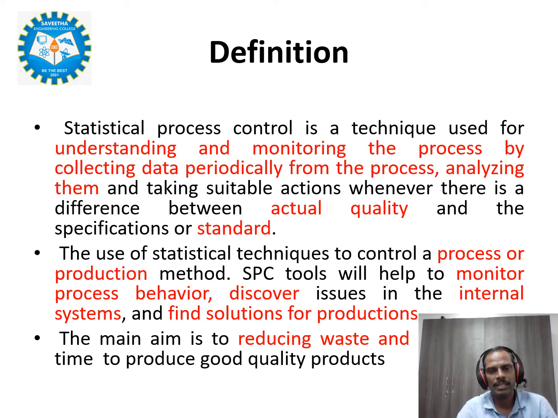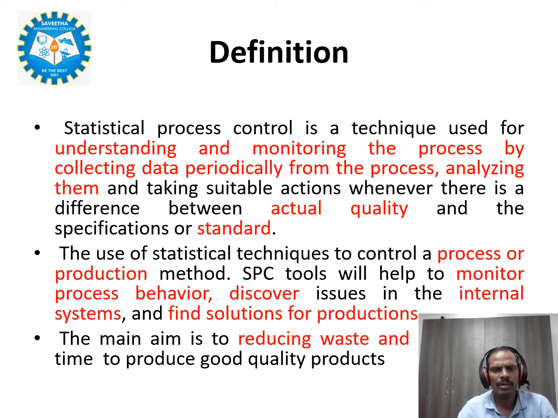This technique is used to produce large quantities of production within specified control limits. It also helps to monitor the process behavior, discover issues in the internal systems, and find solutions for production.